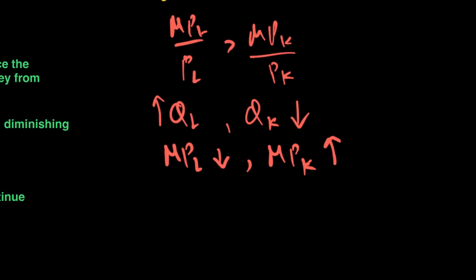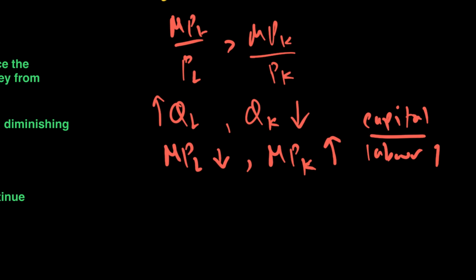So when I substitute, because the left hand side was greater than the right hand side, I get more per dollar spent than from capital. I am now going to substitute labor for capital, but that results in the law of diminishing returns, where the capital to labor ratio starts to fall.